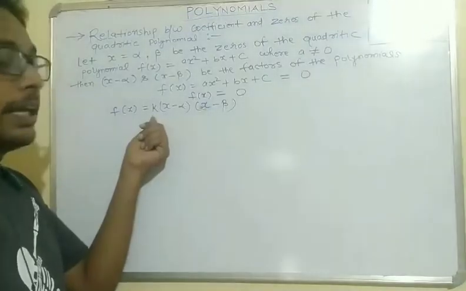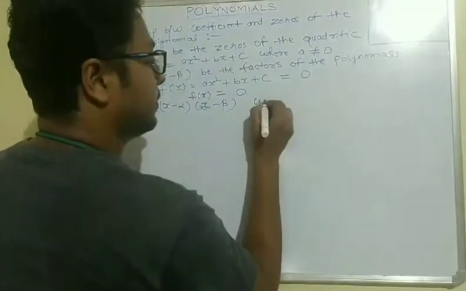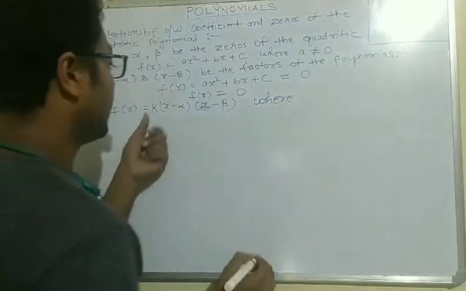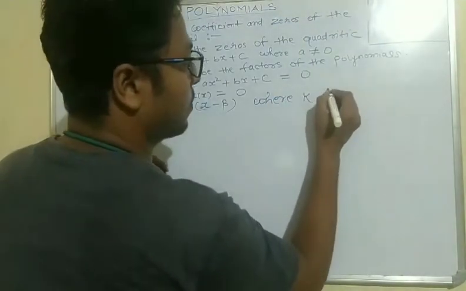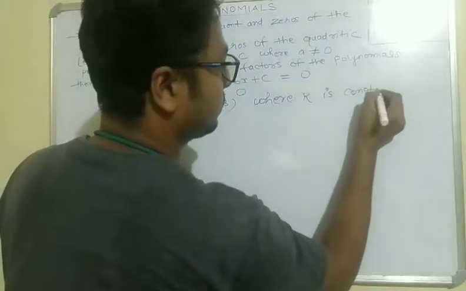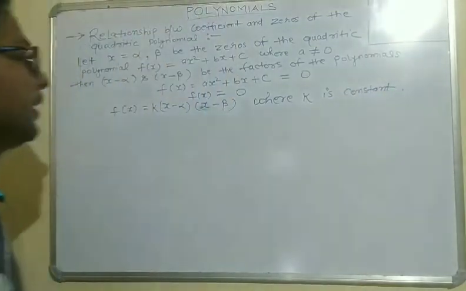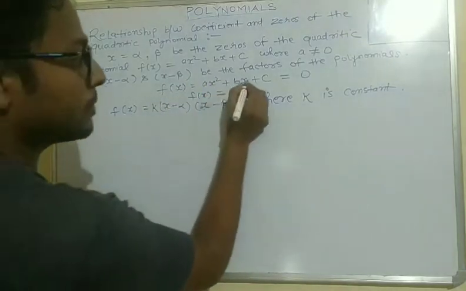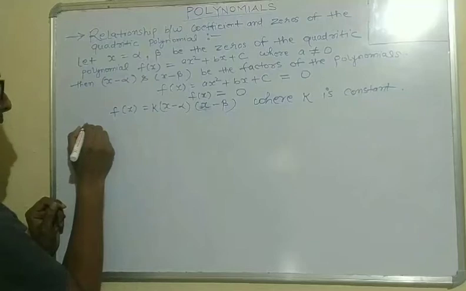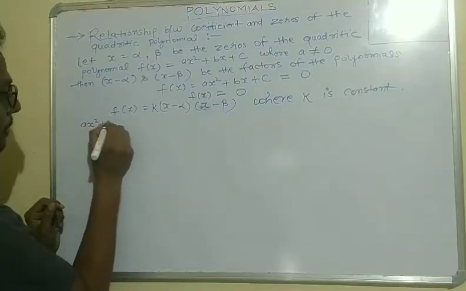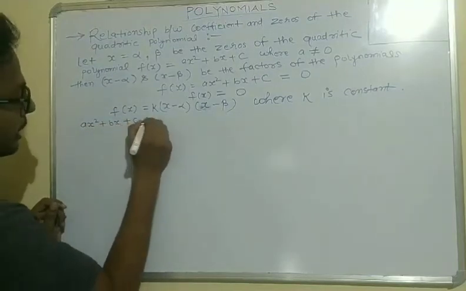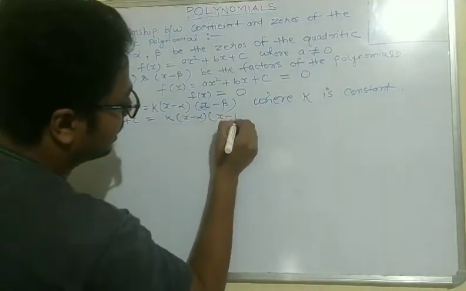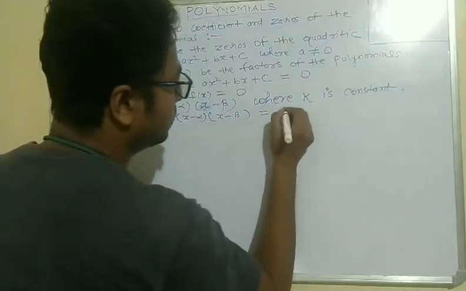So I will take k as a constant. It is written on the board where k is constant. Then f(x) equal to ax square plus bx plus c. It can be written as ax square plus bx plus c equal to k times x minus alpha times x minus beta equal to 0.